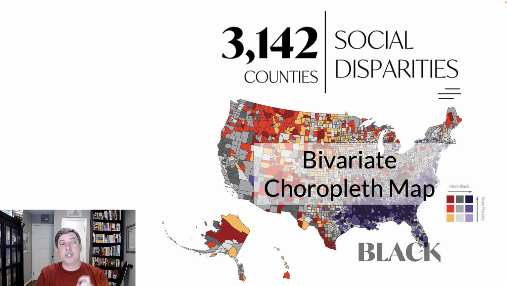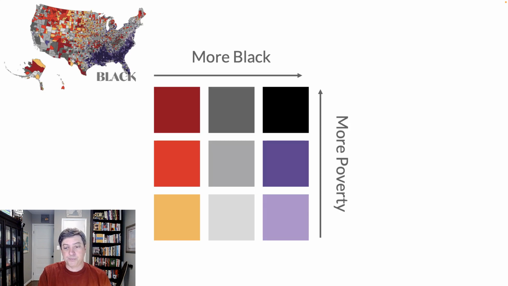So let me zoom in to show you what those two variables are. Along the vertical dimension is labeled more poverty, and along the horizontal dimension is the label more black, and that is the density of Black or African American residents in each county. So we can look at these two variables on the map.